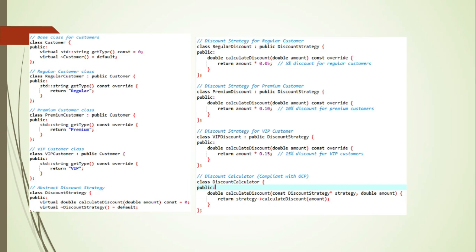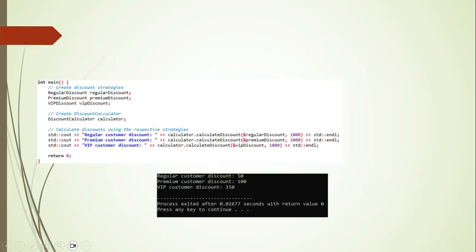By using polymorphism, this function can work with any type of discount strategy, such as regular, premium, VIP, without knowing the exact type of strategy. So this is the discount calculator, and this is the pointer to the base class discount strategy.